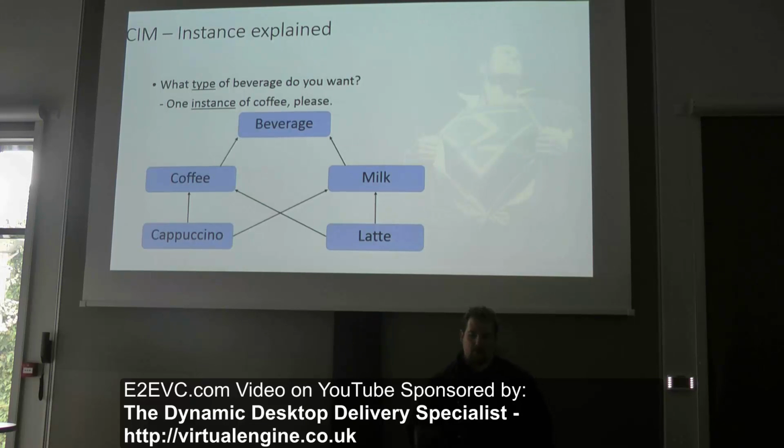But coffee, follow the lines downstairs instead of up. Coffee consists of cappuccino and latte. Coffee, you don't have to define again. Coffee consists of beans and water. But coffee is what we call a base class.